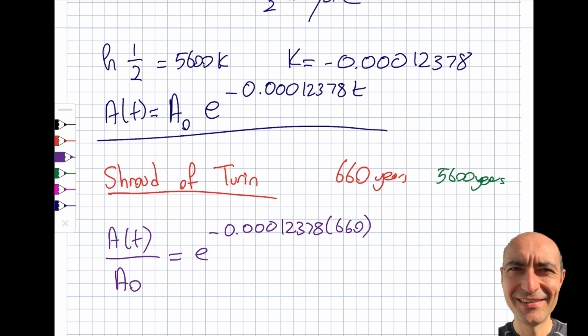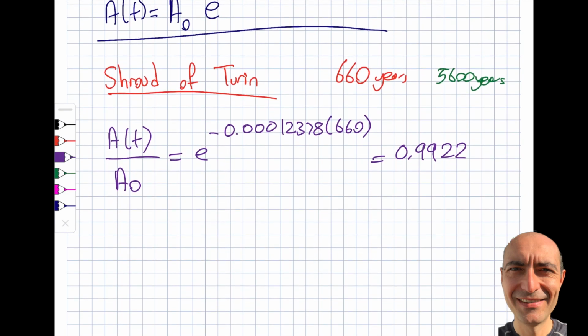When you do this, you're going to get 0.9922, give or take. Just punch it into your calculator. So after 660 years, this C14 has 99.22% staying.